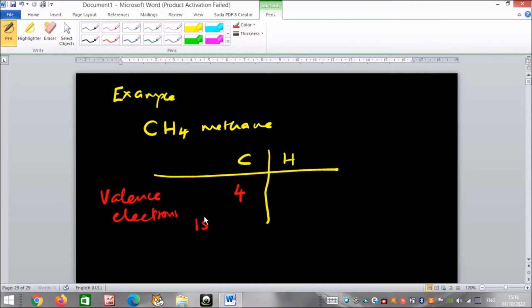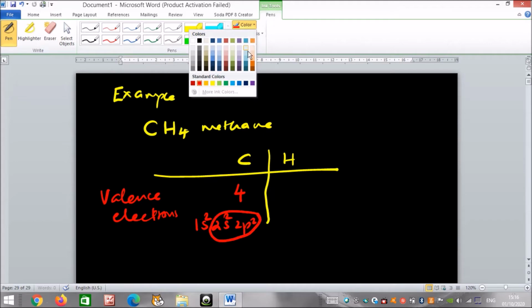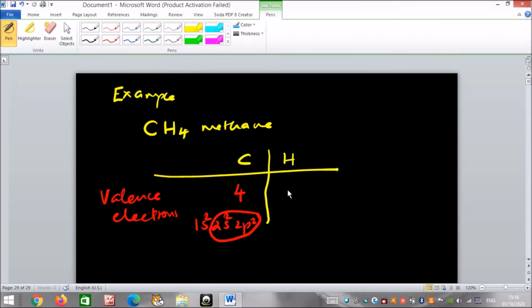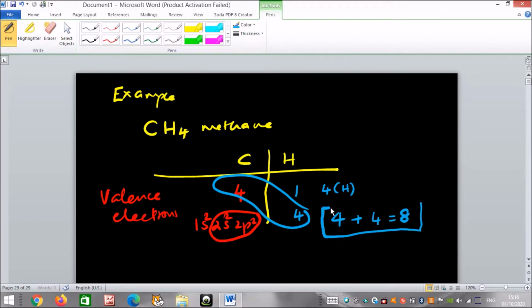We know that its configuration is 1s2, 2s2, 2p2, so 4 electrons are considered. Likewise, in the case of hydrogen, only 1 electron. But there are 4 hydrogen atoms, so the total number of electrons is equal to 4. We just add them, 4 plus 4. Total number of electrons is equal to 8.